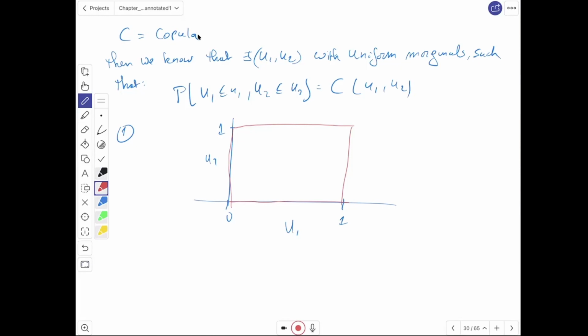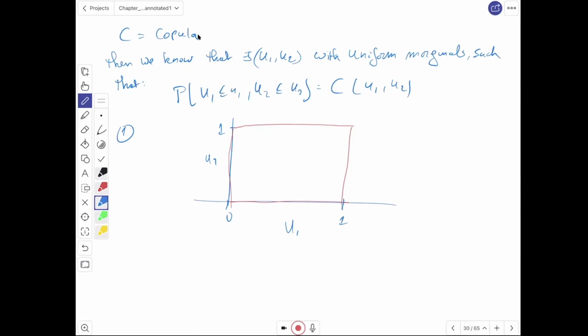Because that would ruin the fact that U1, U2 have uniform marginals, right? So whatever the joint CDF C is, we know that it should assign probabilities inside the box that are between 0 and 1. It should assign probability 0 outside the box, right?